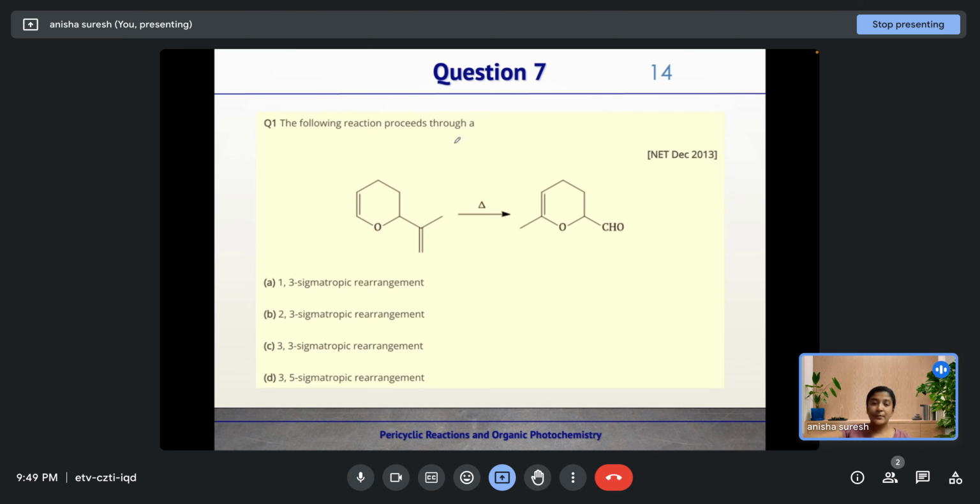The following reaction proceeds through A. So it is a question from CSIR NET December 2013. So what sort of reaction is taking place here?